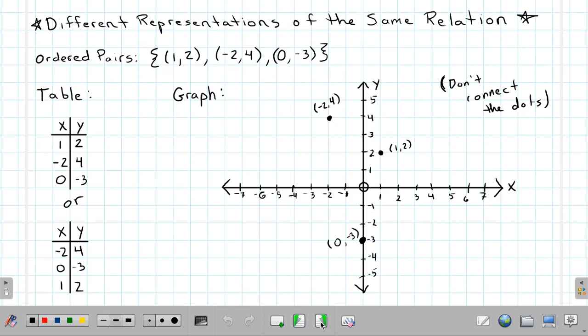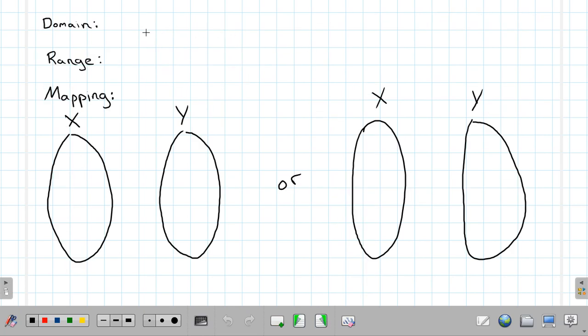However you want to look at it, the domain is going to be the same every time. It's going to be 1, -2, and 0, or -2, 0, and 1, or whatever. It doesn't have to be in this order. Just as long as those numbers are there, that's the domain.